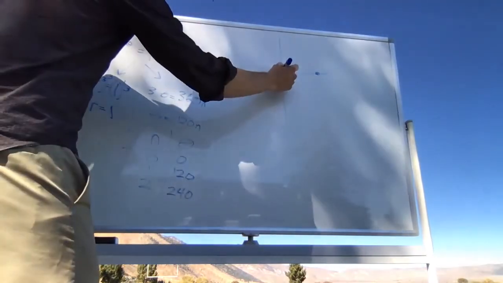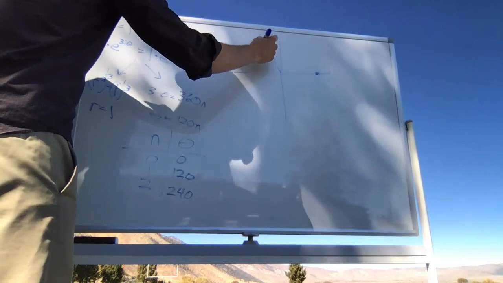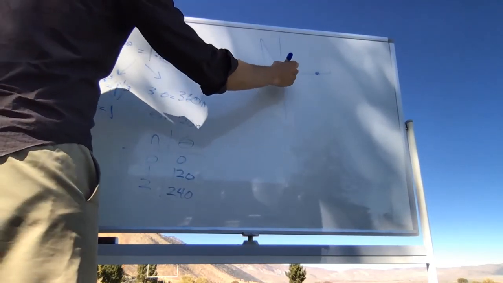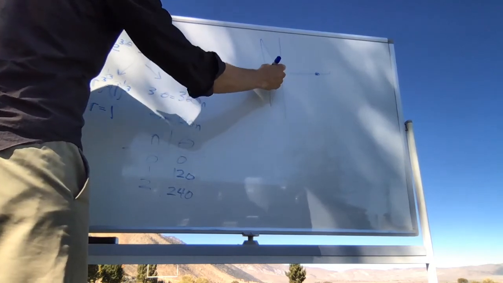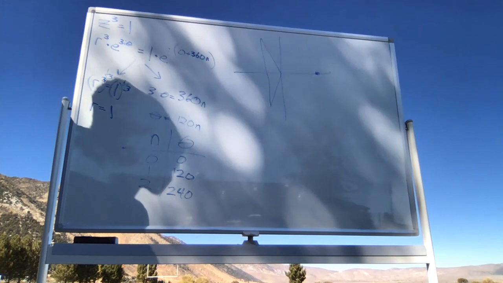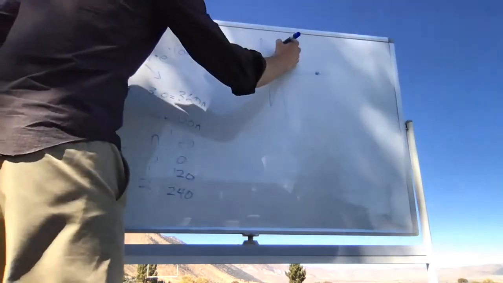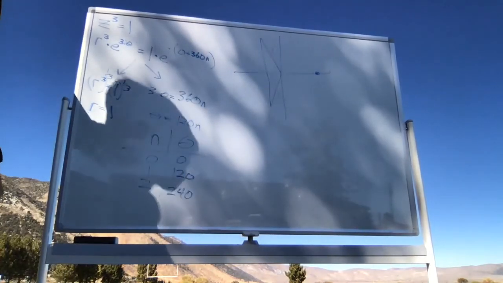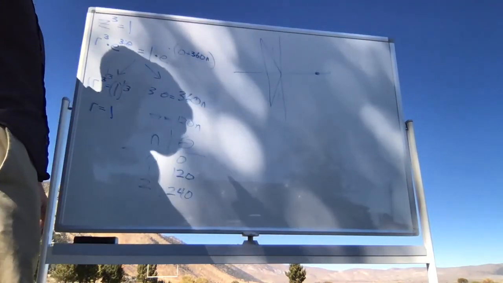120 degrees comes up here and makes a 30-60-90 triangle. And 240 degrees comes down here and again makes a 30-60-90 triangle. What is the length? Well, the hypotenuse is 1. To move from the hypotenuse to the short leg, I divide by 2.